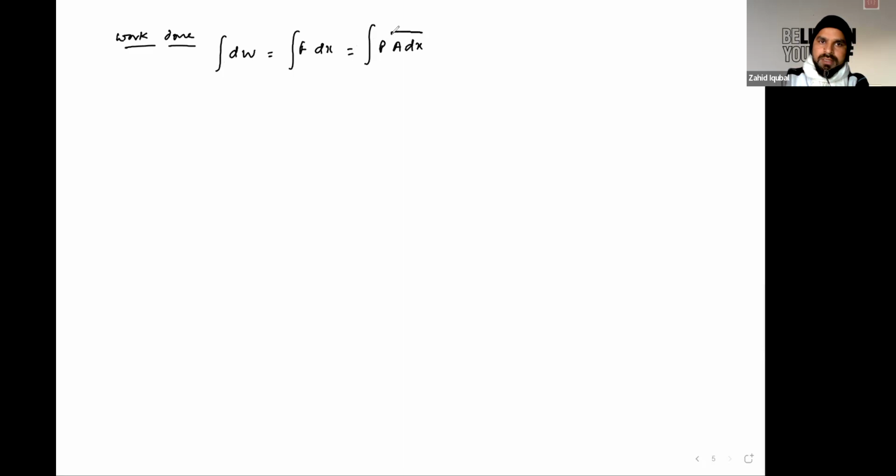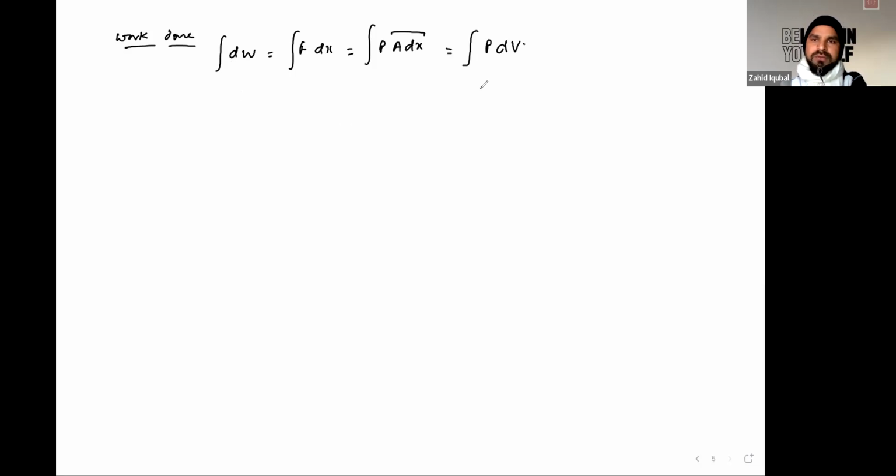Now, this quantity, area into displacement, or simply area into length, is termed as volume. So it will be equal to the integral of P dV. Depending upon different processes, you will have different pressure in relation with volume. On putting in these two terms and integrating, you will be able to calculate net work done related to those different processes.